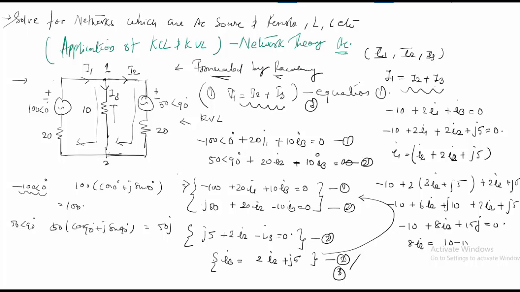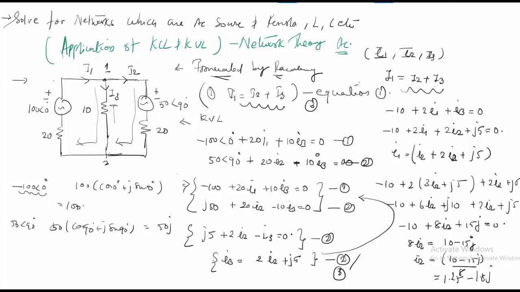So my 8I2 is equal to 10 minus 15j. So my I2 is equal to 10 minus 15j divided by 8, which comes up close to 1.25 minus 1.8j.